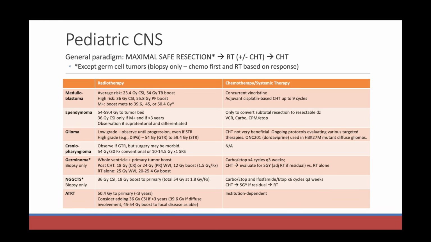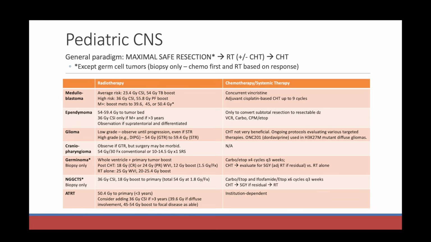And you have to remember the dosing as well as the volumes. So the craniospinal doses are different for average versus high risk. It's 23.4 gray at 1.8 gray per fraction for average, and it's 36 gray for high risk. And then the boost volume, the doses are similar, so it's only a difference of 1 fraction or 1.8 gray.